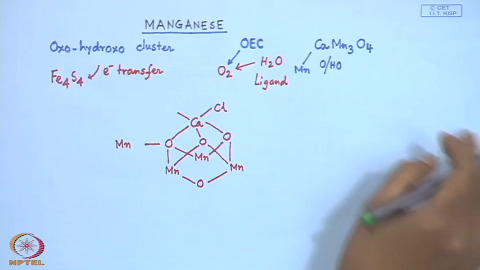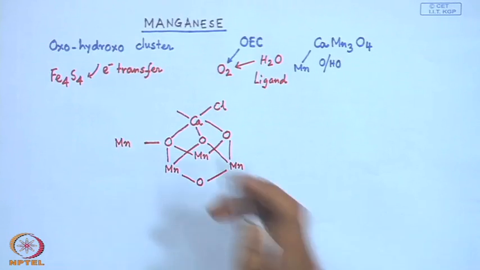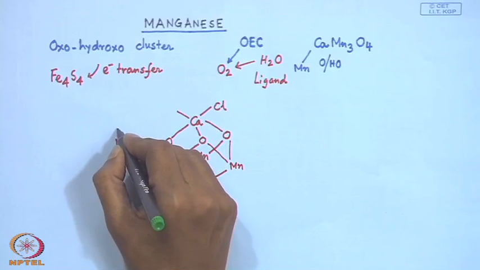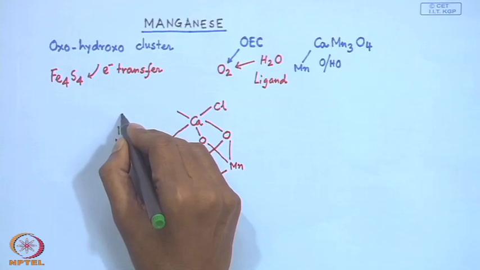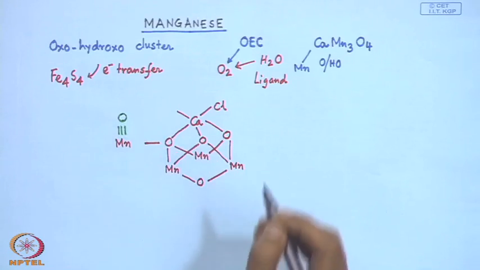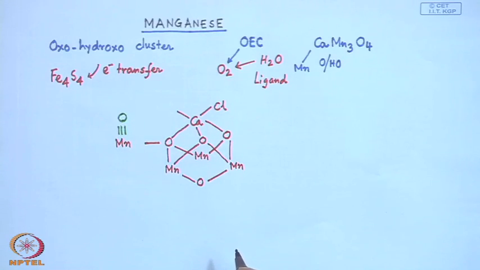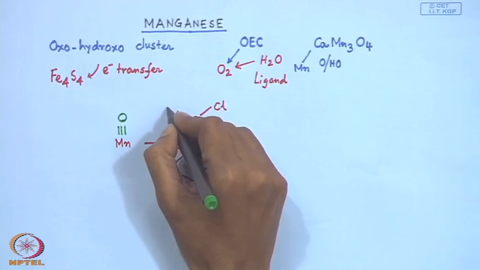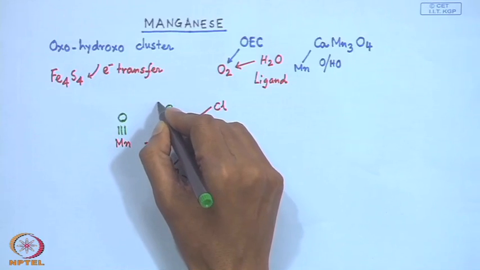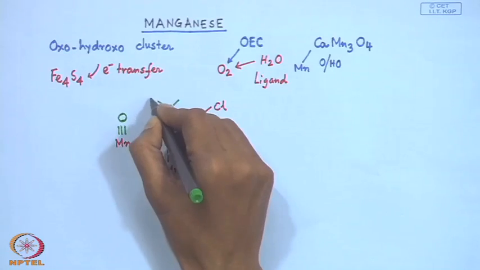Like in all other catalysis systems, people have proposed, though it is not yet settled, that you can have a double bonded oxo structure or a triple bonded oxo structure from this manganese, and this calcium is bound to one single water molecule.